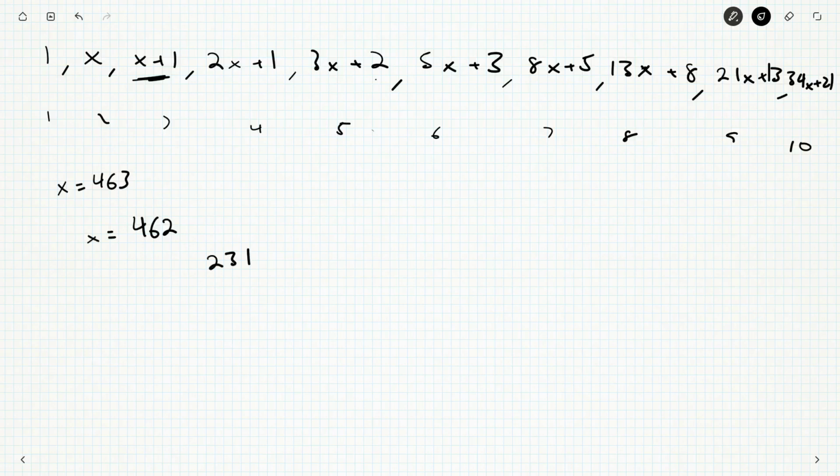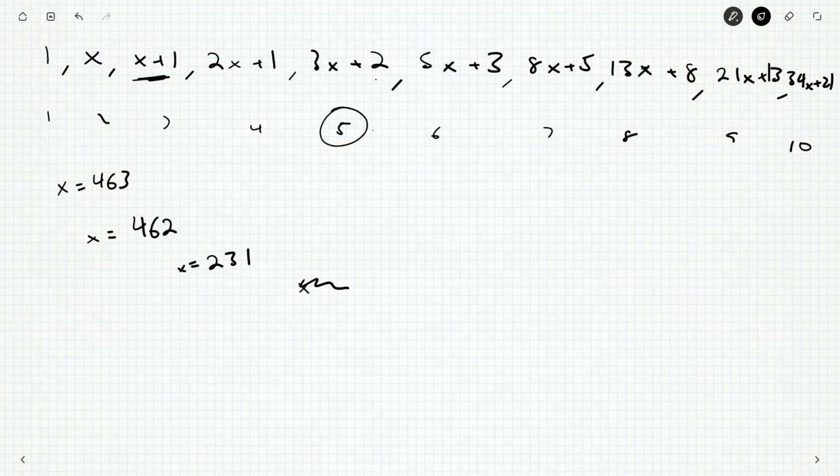And here I'm working out each x value. Okay, 463 minus 2 divided by 3, and that would be 153.666. That's not going to be a nice integer. So there's not really going to be an x value if it's the fifth term.